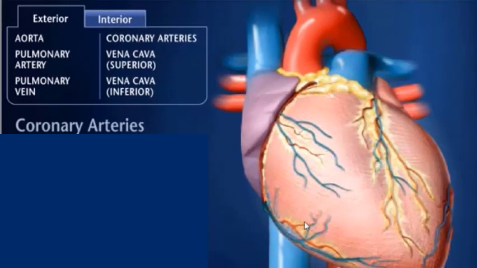Because the heart is an organ just like any other organ, it has its own needs, oxygen gas and nutrients. So the blood vessel which is responsible for supplying the myocardium is called the coronary artery, and it actually branches off the aorta. This is the aorta, and here we have branching for the coronary arteries.